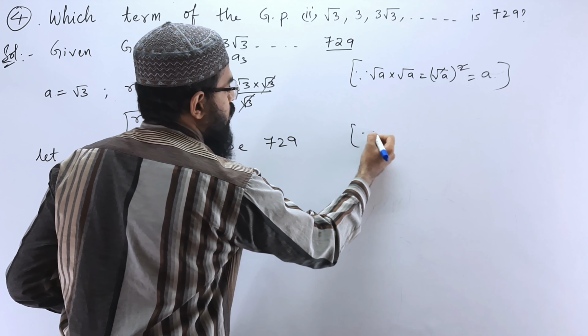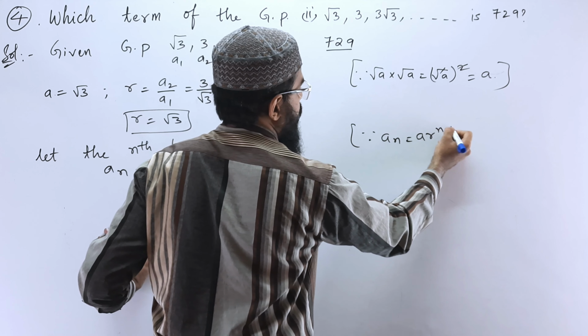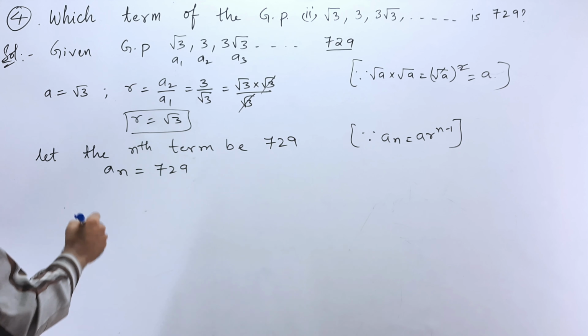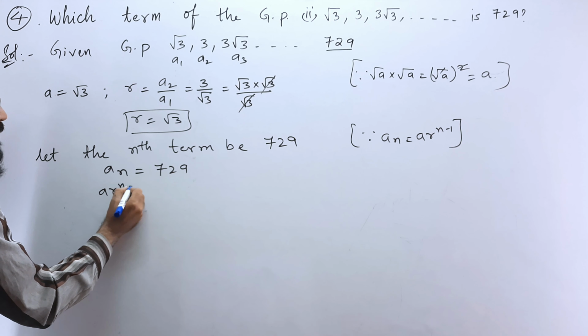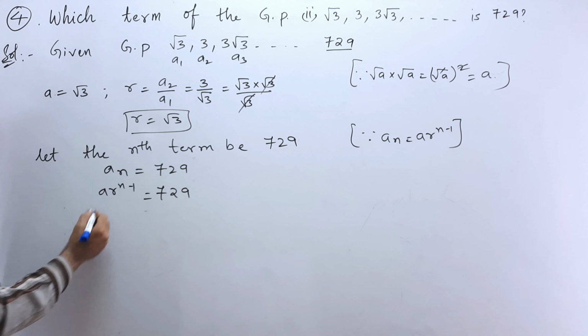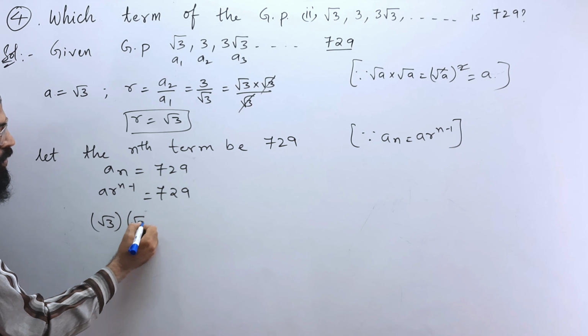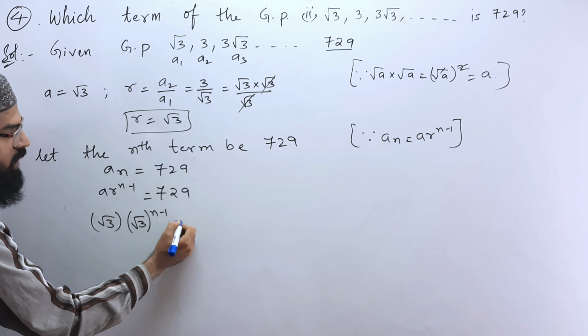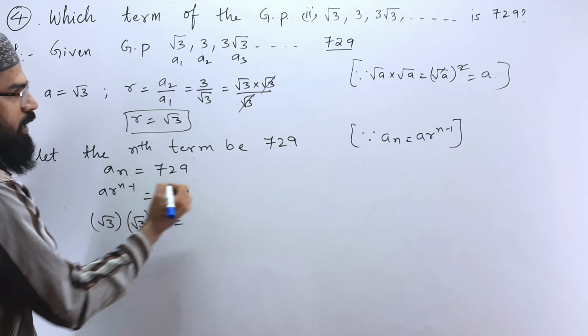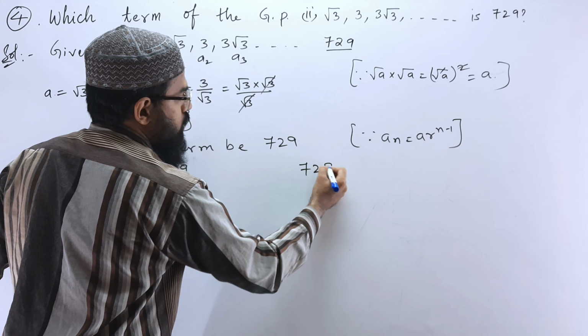We know the formula for the nth term: An is equal to A R to the power of n minus 1. So A R to the power of n minus 1 is equal to 729. So what is A? A is root 3 and R is root 3, whole to the power of n minus 1, equal to 729. Now let us take out the factors of 729.